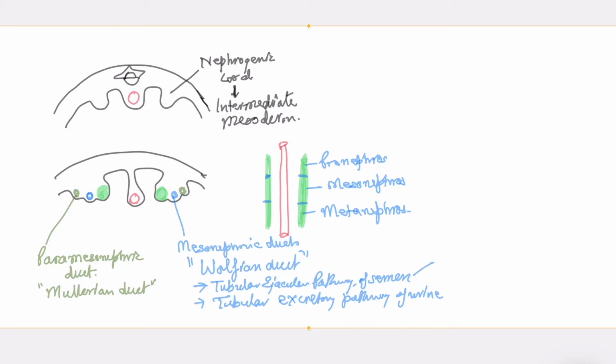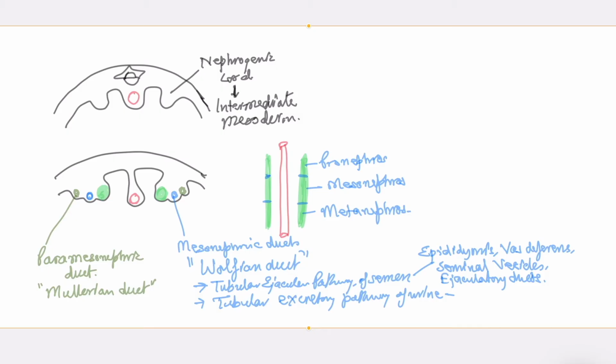It will develop into epididymis, then vas deferens, seminal vesicles. Actually, seminal vesicles are just like an evagination from the vas deferens, so the same lining epithelium is there, and then ejaculatory ducts. All these structures mentioned here are derived from the mesonephric duct.